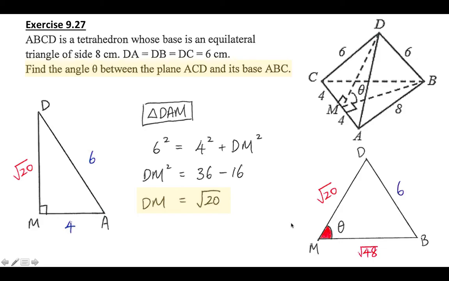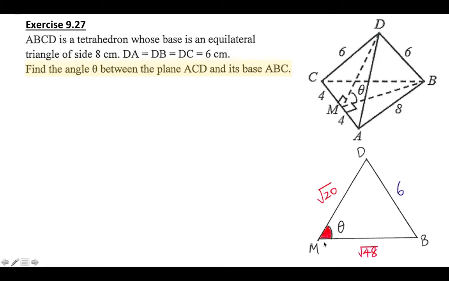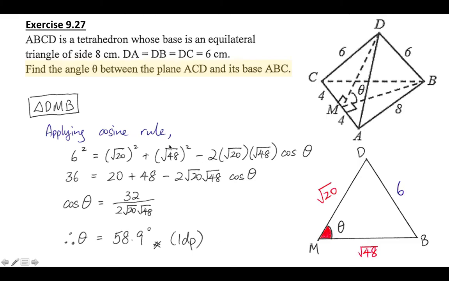Now that we have found the dimensions of all three sides of the triangle, we can apply cosine rule to find this unknown angle theta. Applying cosine rule, we start off with the side that is opposite to the unknown angle that we want to find. So we have 6 squared equals square root 20 squared plus square root 48 squared minus 2 times square root 20 multiplied by square root 48 multiplied by cosine theta.